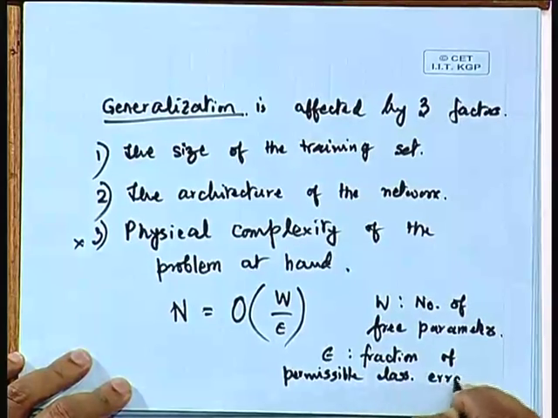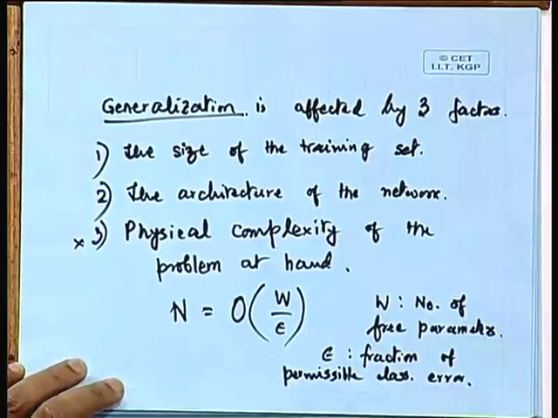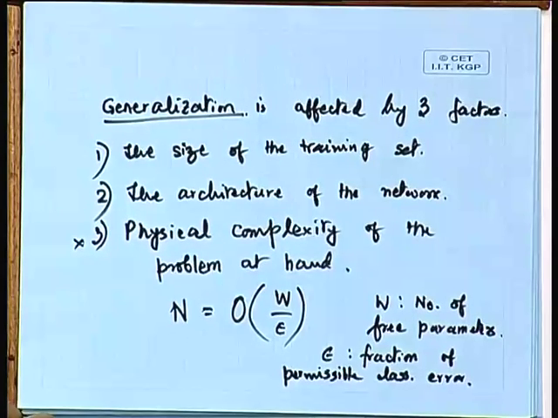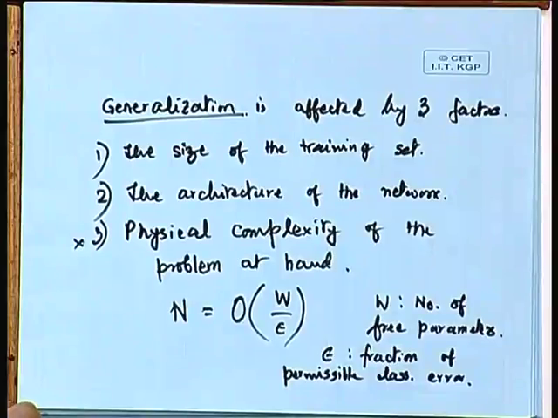Which means that if epsilon is equal to 0.01, we can tolerate 1% of classification error, and W could be anything. So if it is W by epsilon and epsilon is 0.01, then it is of the order of 100 times W. Whatever the number of free parameters is, the size of the training set should be 100 times that.